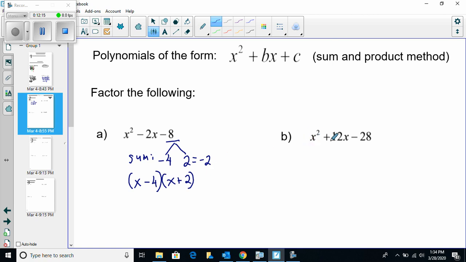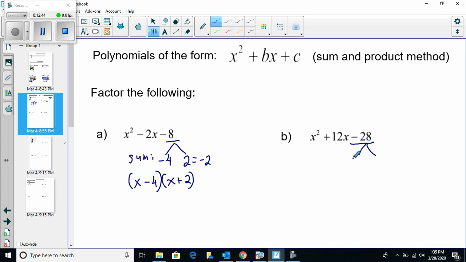Next one is x squared minus 12x minus 28. And then again, we have to find two factors of that. When they are multiplied, their product is negative 28. But when they are added together, the sum is negative 12.